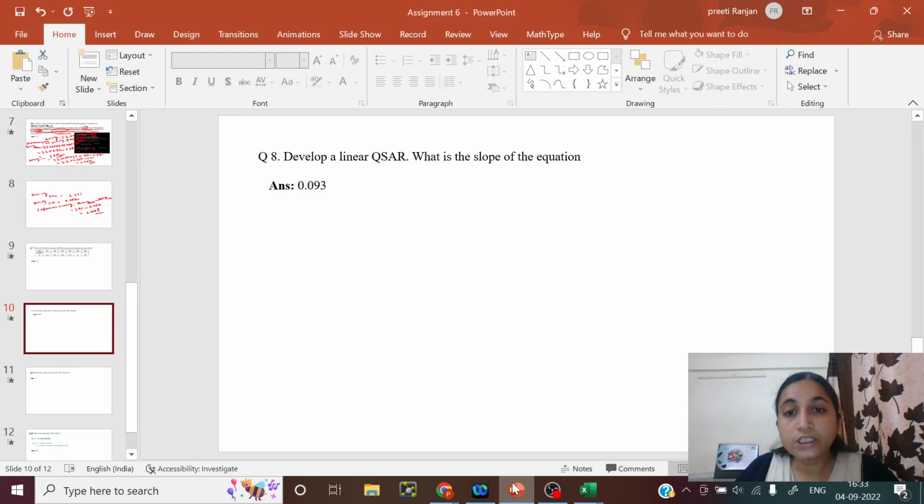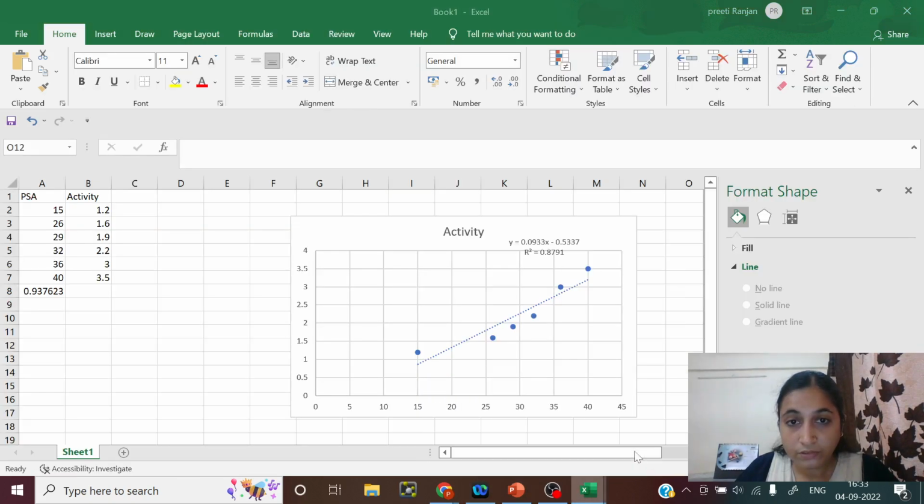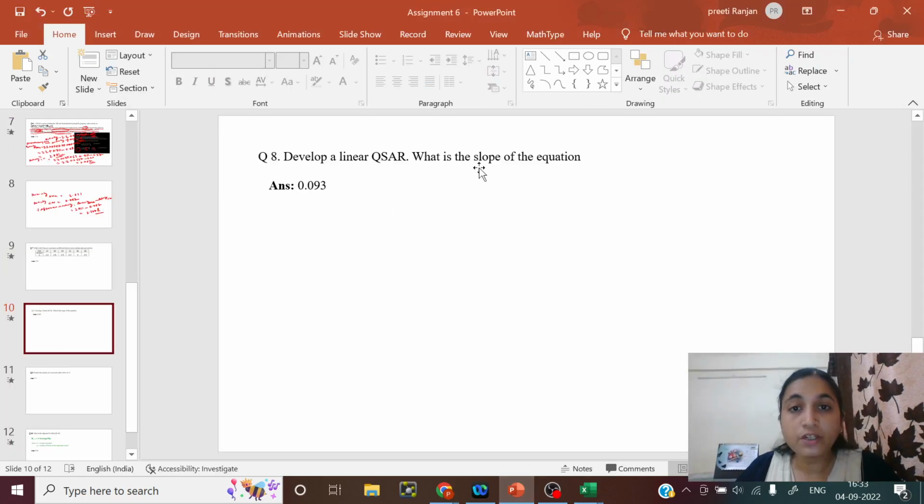So in this question, they want us to show the slope of the equation. So the slope of the equation is 0.933, right? So answer will be 0.093. Okay.